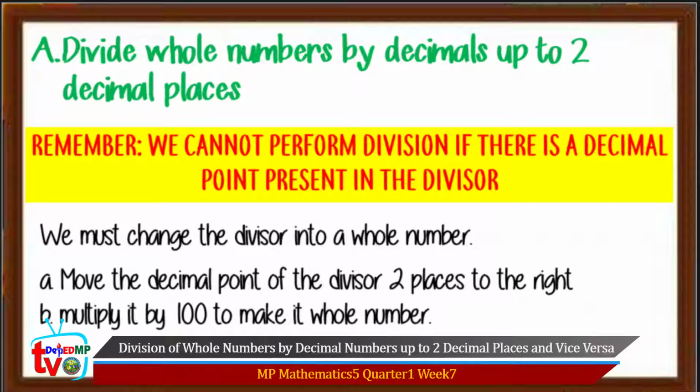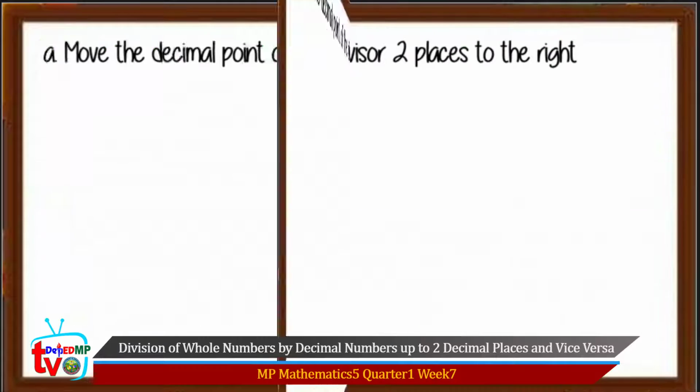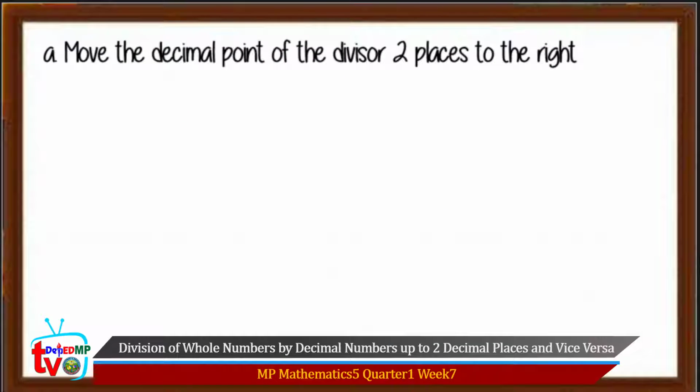How are we going to do letter A? How are we going to move the decimal point of the divisor 2 places to the right? Let's have this example. 250 divided by 2.5. What will we do? Okay, 2.5 will become 2.50.